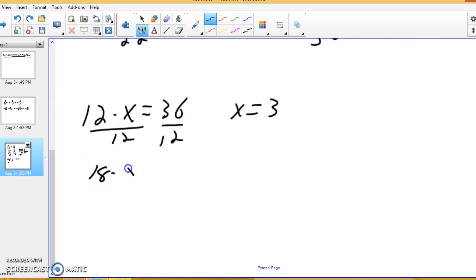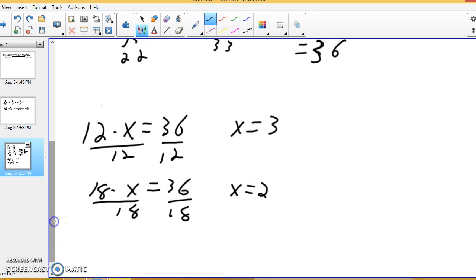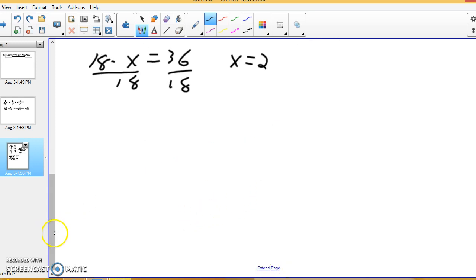Similarly, 18 times what gives us 36? Divide both sides by 18. X is equal to 2. So just like we have to multiply 12 by 3 to get 36, we have to multiply 18 by 2 to get 36. So the way we do this is 7 over 12.